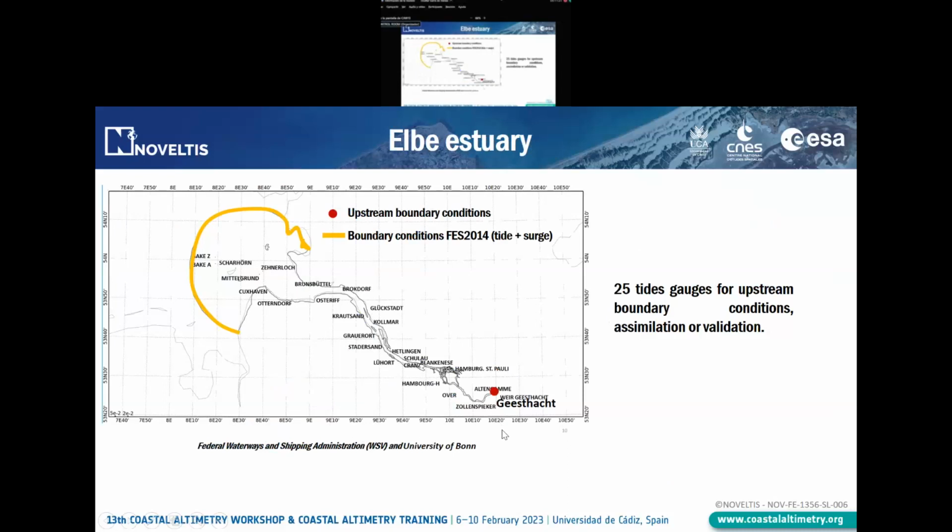In terms of boundary conditions, on the ocean side we use FES2014 to obtain the tide and surge information. In the upstream Elbe River we use the in situ data of the GISTAC tide gauge as a boundary condition. Also, we have 25 tide gauges in the entire estuary to use for simulation validation.